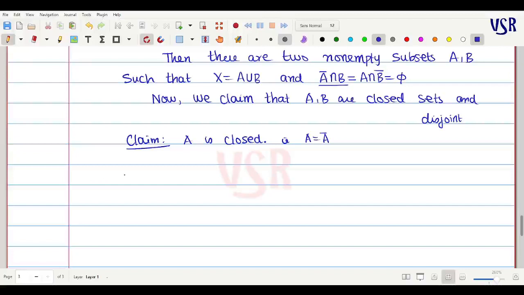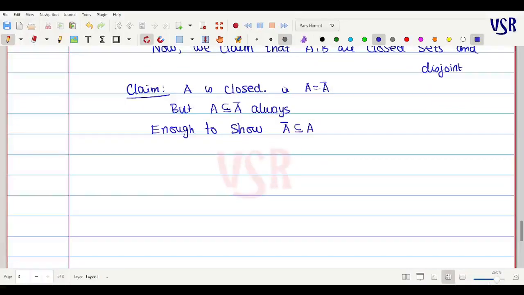A is equal to A closure, but A which is always a subset of A closure, always. எப்ப பார்த்தாலும் A வந்து A closure உடைய சப்செட்டாக தான் இருக்கும். அதுல மாற்று கருத்து இல்லை. அப்ப நான் என்ன ப்ரூஃப் பண்ண போறோம் அப்படின்னா, enough to show this A closure which is a subset of A அப்படின்னு சொல்ல போறேன். அப்ப இதுல ஒரு எலிமெண்ட் எடுத்து அந்த எலிமெண்ட் இதுல இருக்குன்னு சொல்ல போறோம். அவ்வளவுதான், முடிஞ்சு போச்சு. ஓகே, சோ நான் என்ன பண்ணிக்கிறேன் அப்படின்னா, let x belongs to A closure எடுத்துக்கிட்டேன்.